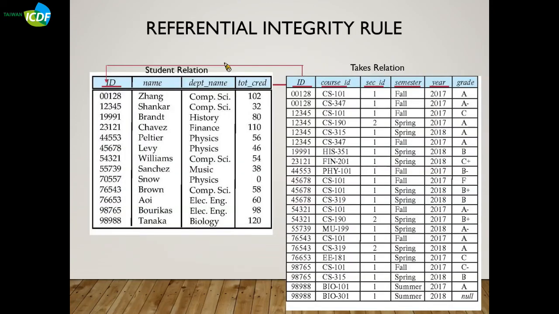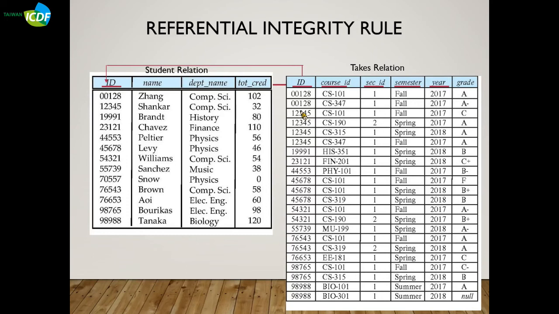And now the other rule, the referential integrity rule, is introduced. Compared to the entity integrity rule, which emphasizes the internal data consistency of a table by primary key, the referential integrity rule concerns more the foreign key and its reference relationship between different tables.